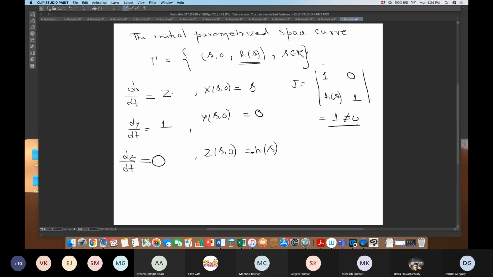Now solve this ODE. So what is y(s, t)? Your initial h(s) is given to be a non-increasing function, right? Yes. y(s, t) equal to t. What is z? z equal to h(s).